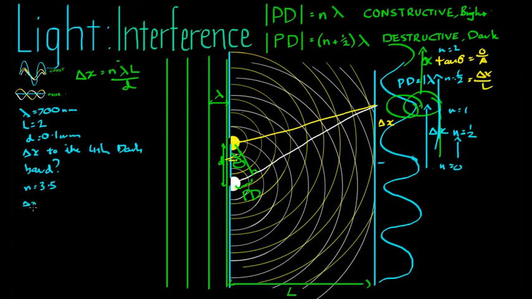So delta x is equal to 3.5 times 700 times 10 to the negative 9 times 2 all over 0.1 times 10 to the negative 3. I'm going to calculate that now.